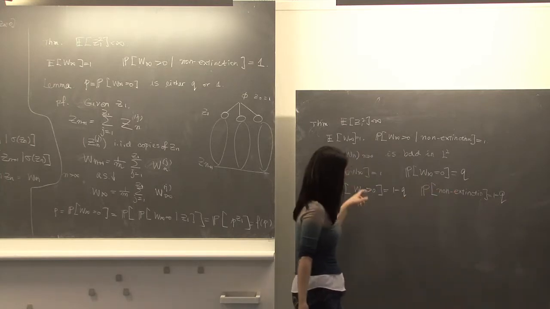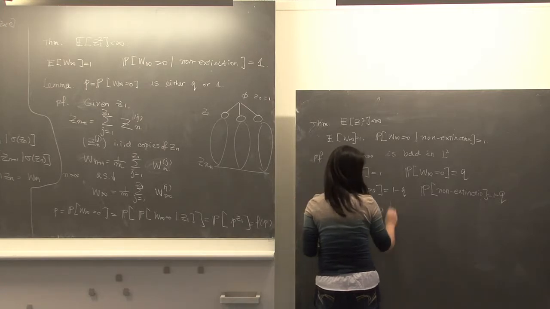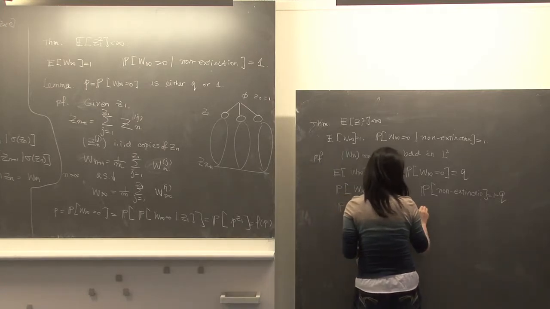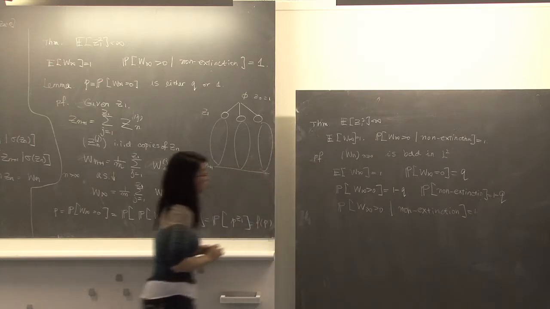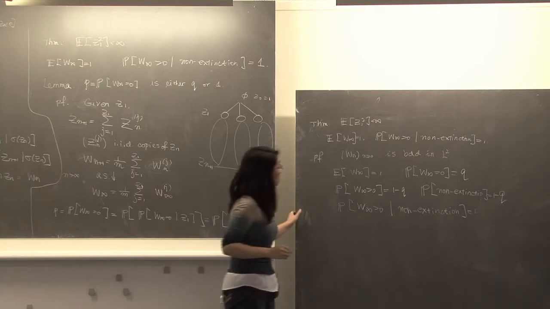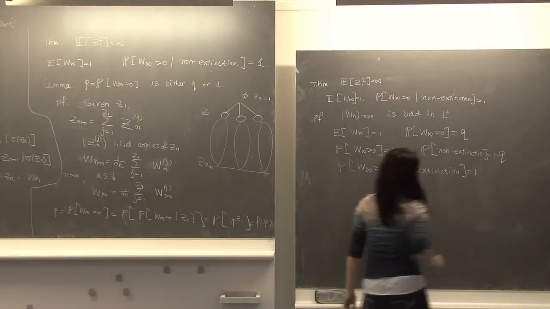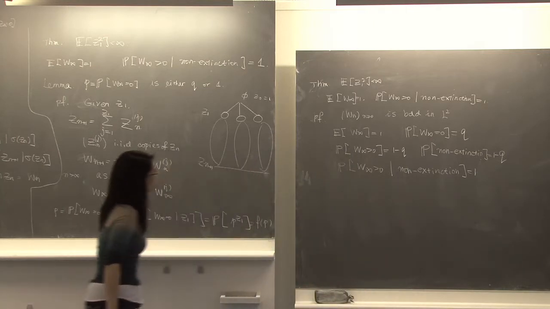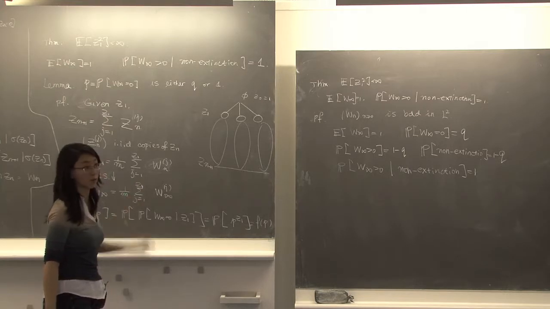This implies the conditional probability, given survival, is 1. Okay, so after we prove that this Wn martingale is bounded in L2, we complete the proof of this theorem.